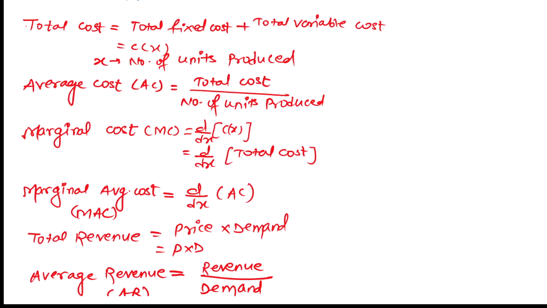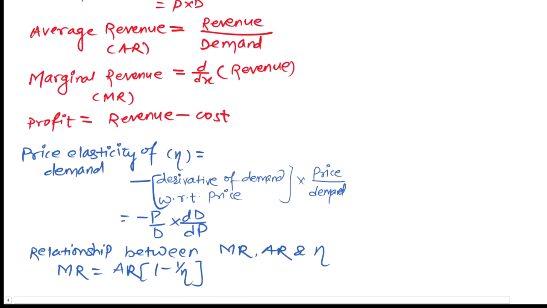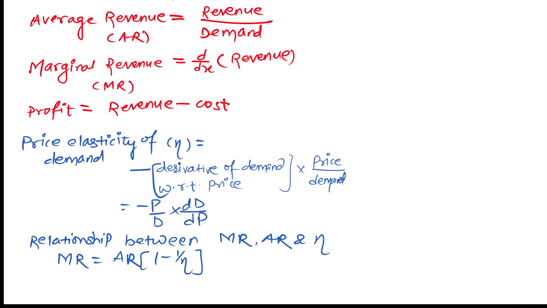It means I have to find the derivative of the average cost, so dy/dx of AC. Revenue: total revenue is nothing but price into demand, P into D. Average revenue is total revenue upon demand, which in turn is equal to price. Marginal revenue, again the same thing, I have to find the derivative of the revenue, that is dy/dx of R.